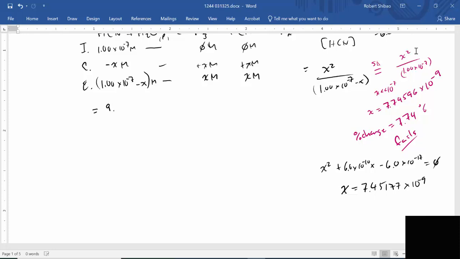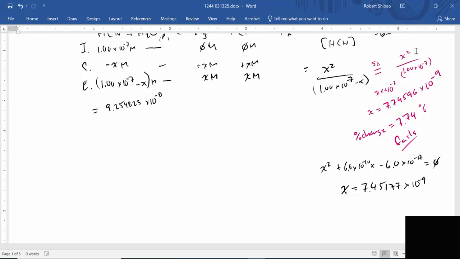And I get 9.254823, and I'm going to carry a ridiculous number of digits here, 636 78, times 10 to the negative 8.